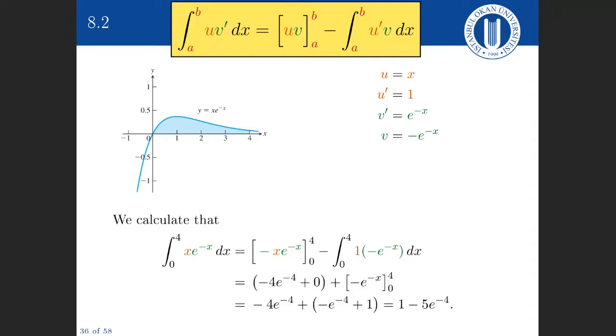And then it's straightforward. I'll leave it for you to check that the answer to this problem is 1 minus 5 e to the power minus 4. Let's move on to the next example.